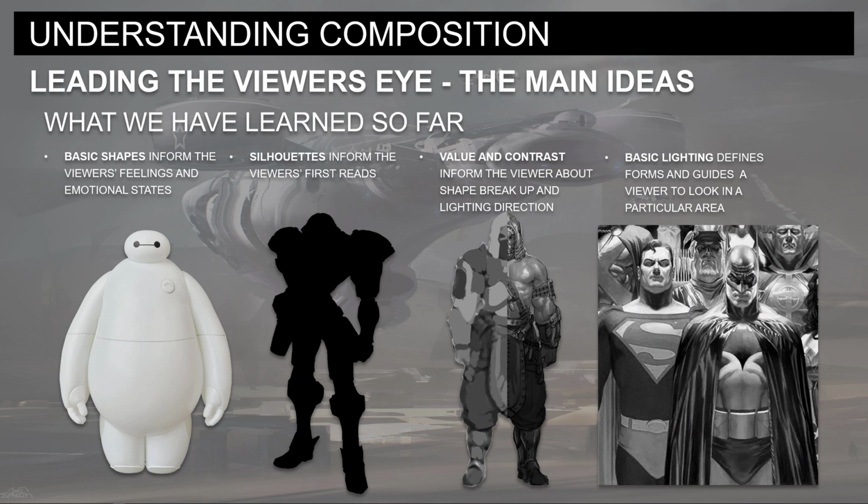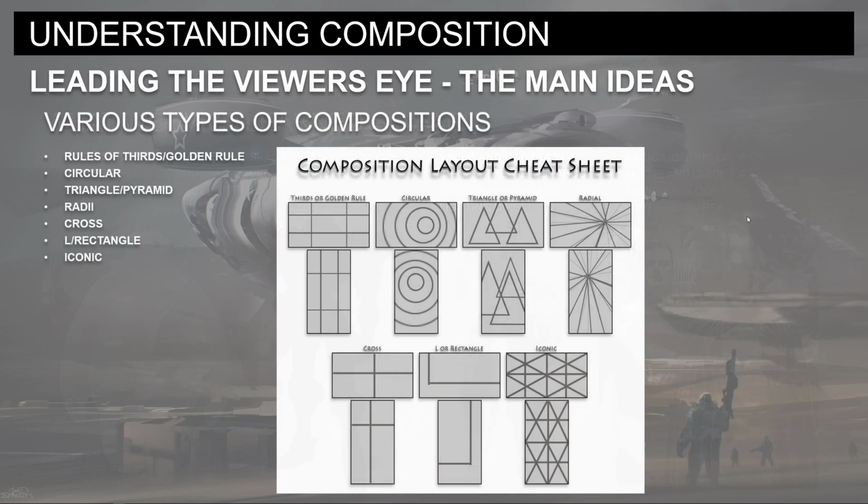So we've got a main directional shadow casting light, then we've got some bounce light, and then a rim light. We also looked at how changing just the lighting direction can affect mood as well. And also lighting helps you to focus on a particular area and where you want the viewer to look. So again, those are all tools at our disposal to help inform and guide the viewer's eye.